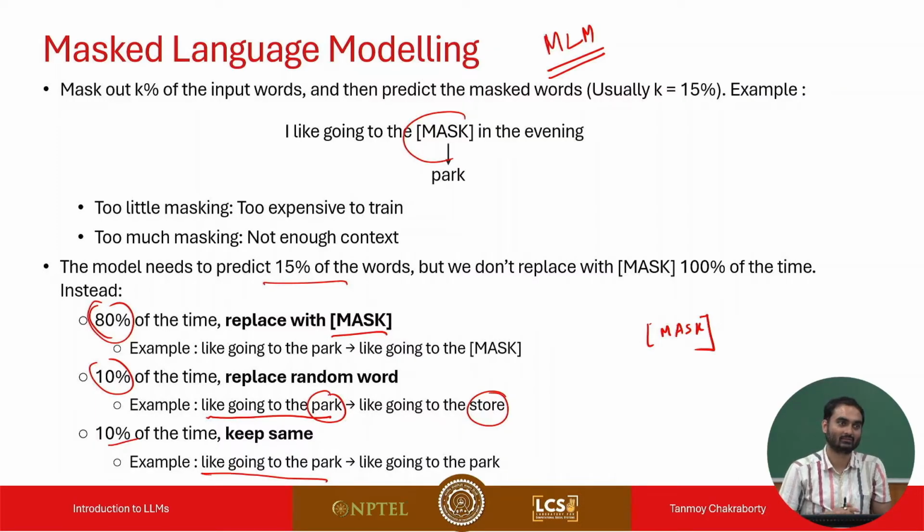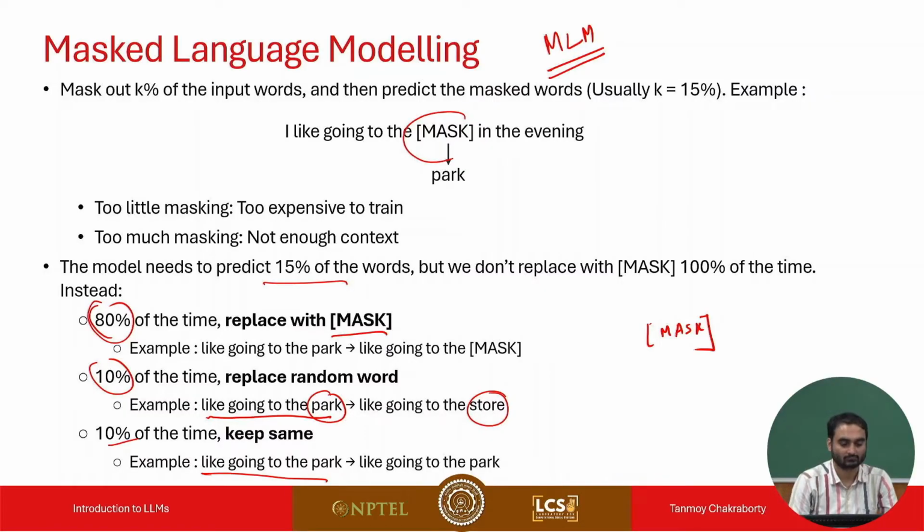Why is this important? This is important because if you only teach the model to predict the mask token, the model will basically start predicting only for the mask. So sometimes you also need to tell the model that you are learning this mask output, but you also need to understand what is there in the other tokens.